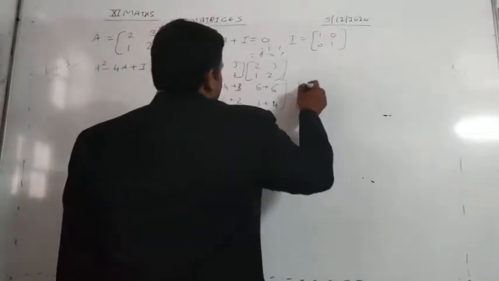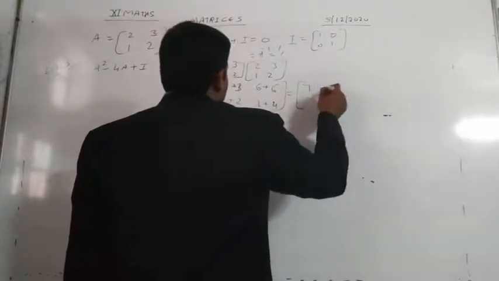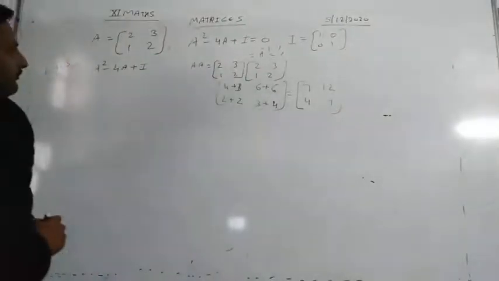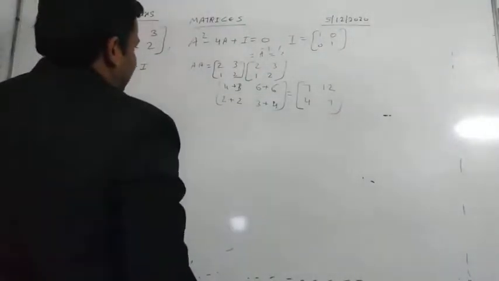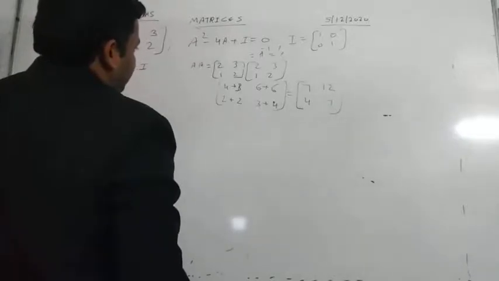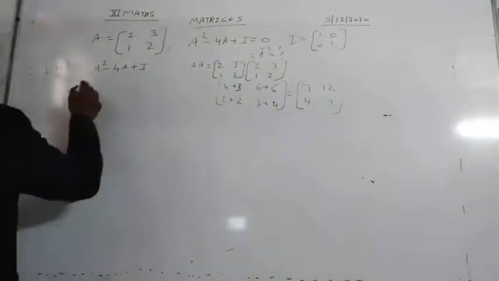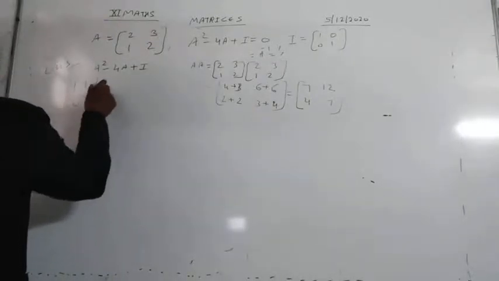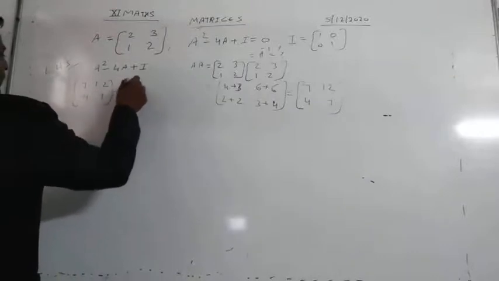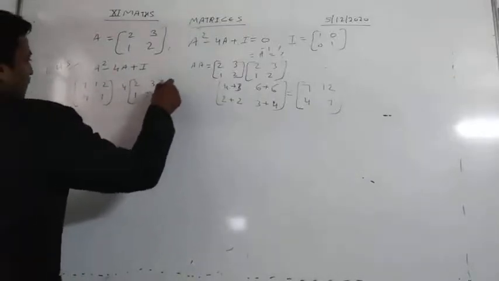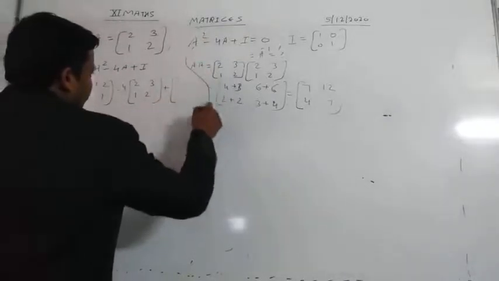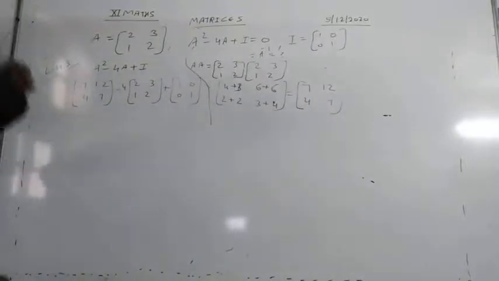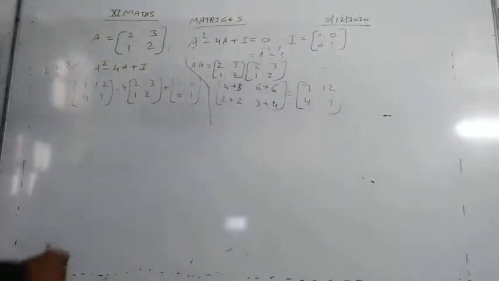So the multiplication is 7, 12, 4 and 7. So our A square is 7, 12, 4, 7, and minus 4A is 2, 3, 1, 2, and I is 1, 0, 0, 1, the identity matrix of order 2.